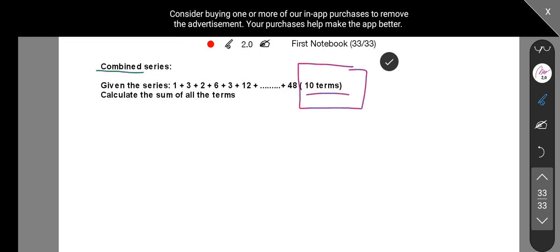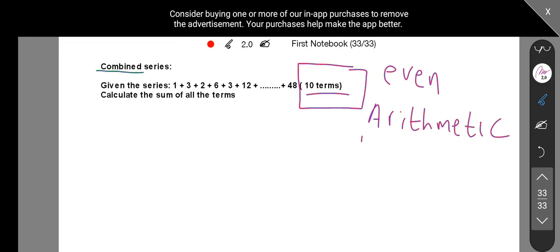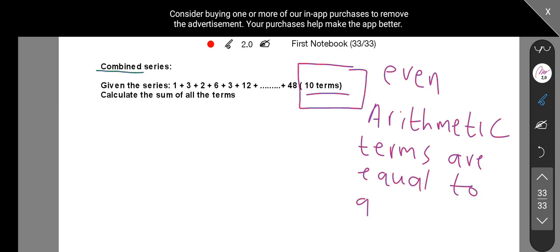If the number of terms here is even, okay, the arithmetic terms are equal to the geometric terms, provided only that they've given you that the number of terms is an even number here.